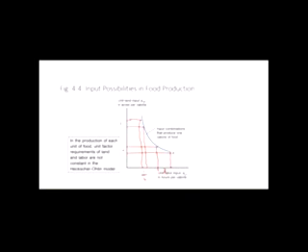But if we want to produce efficiently, we will be producing on the production possibility frontier. And we can have multiple points on the production possibility frontier. For example, this is point A, point B, and point C. All of these can be produced, but what is the worth of these points?